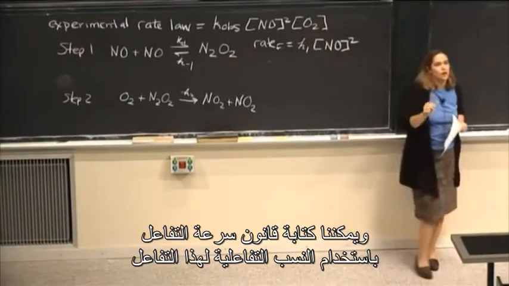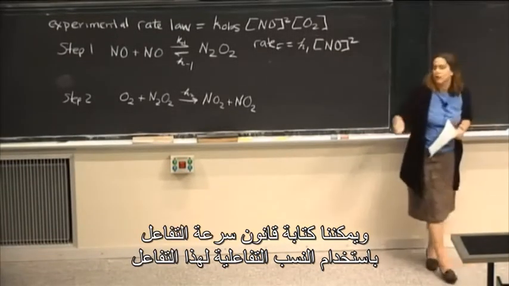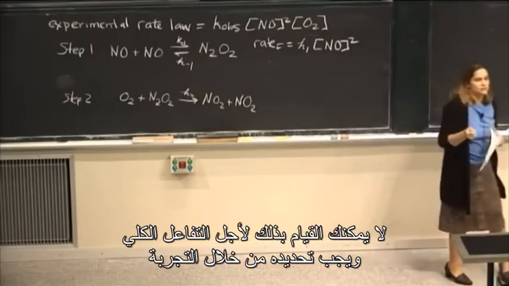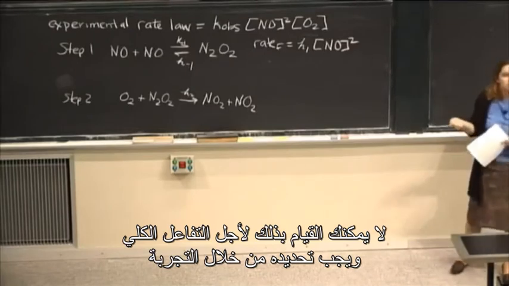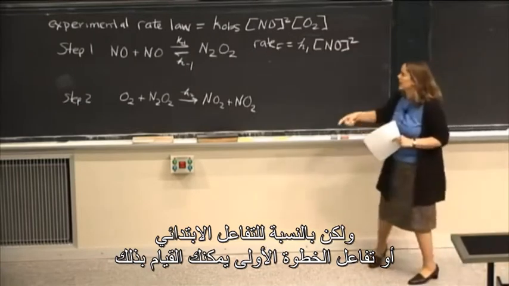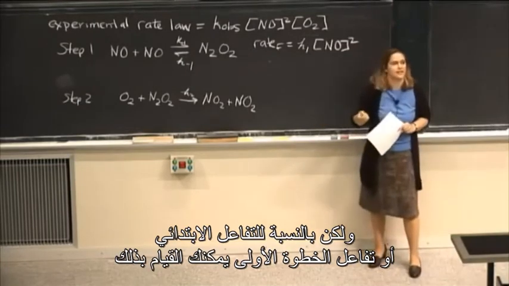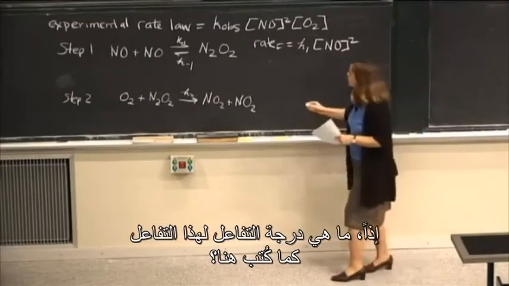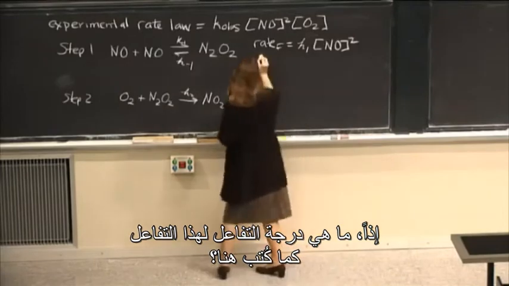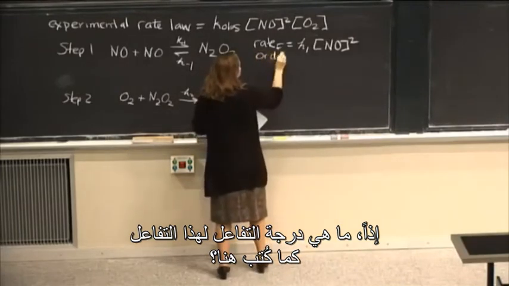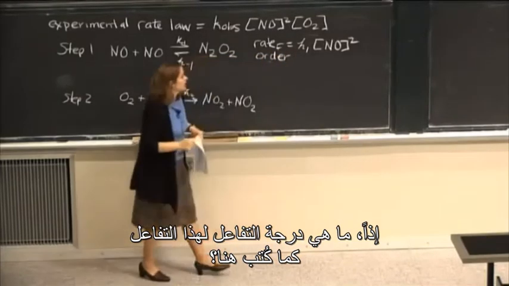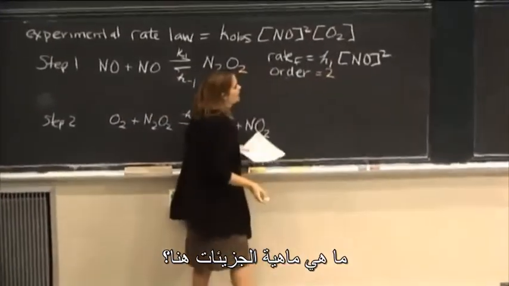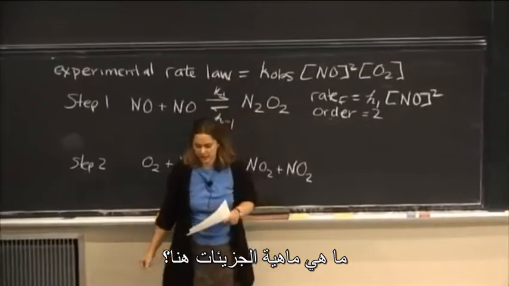We can write a rate law for that step using the stoichiometry of the reaction. For an overall reaction, you can't do that. It has to be experimentally determined. But for an elementary reaction or a step in a mechanism, you can do that. So we write it exactly as it occurs. What would be the order of this particular reaction as written here? 2. And what about molecularity?